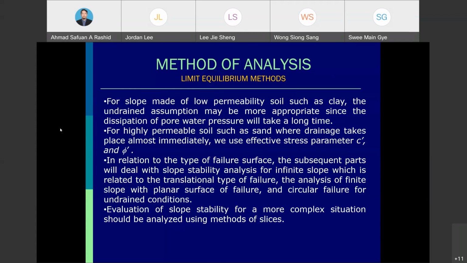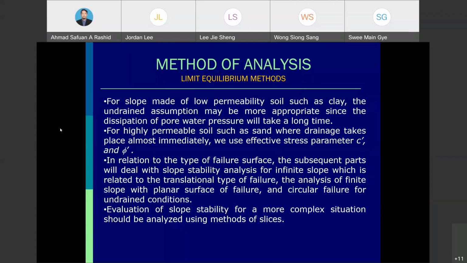In relation to the type of failure surface, the subsequent parts will deal with slope stability analysis for infinite slope, which is related to the translational type of failure, the analysis of finite slope with planar surface of failure, and circular failure for undrained conditions. Evaluation of stability for a more complex situation should be analyzed using the method of slices.